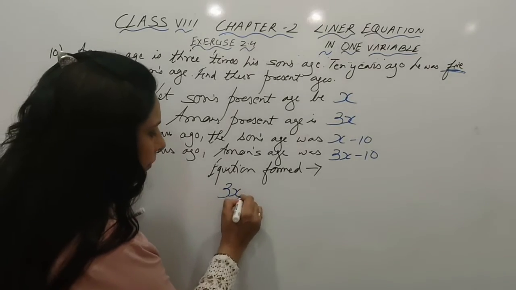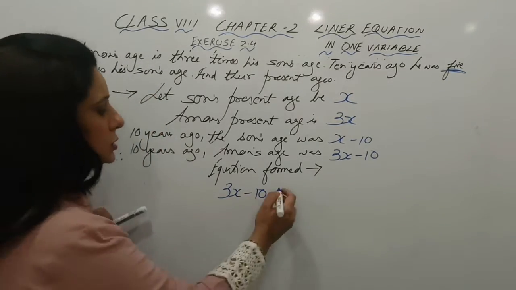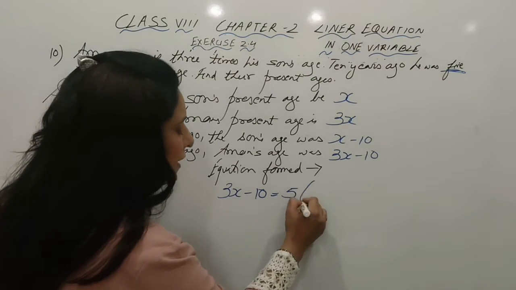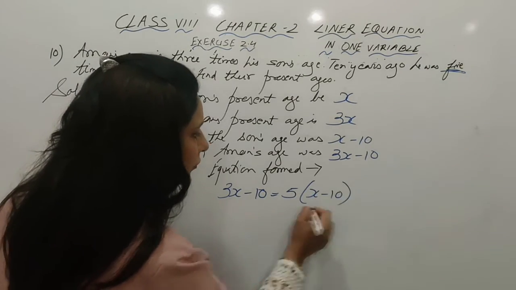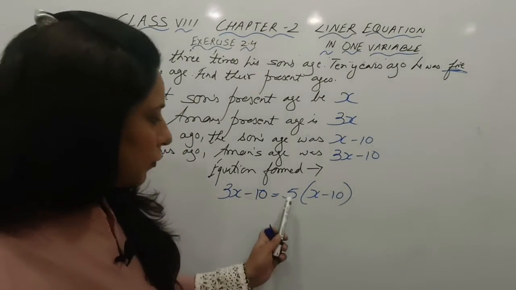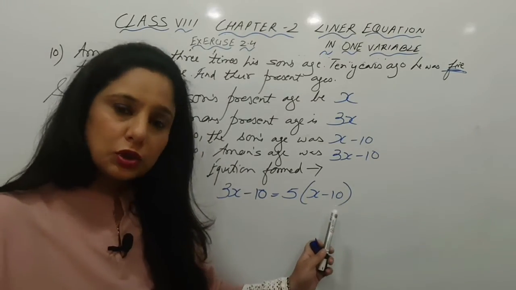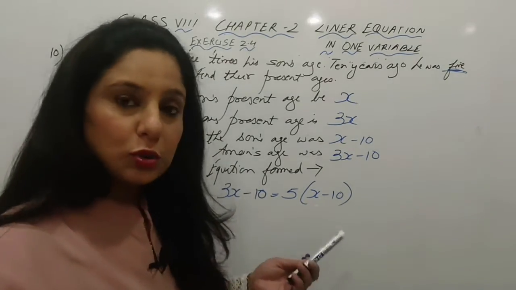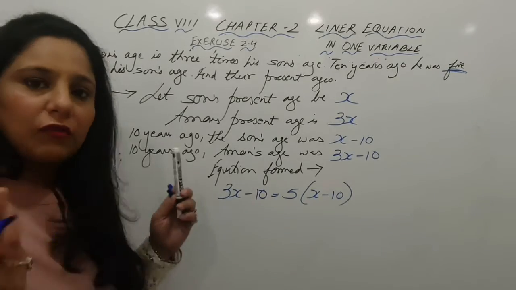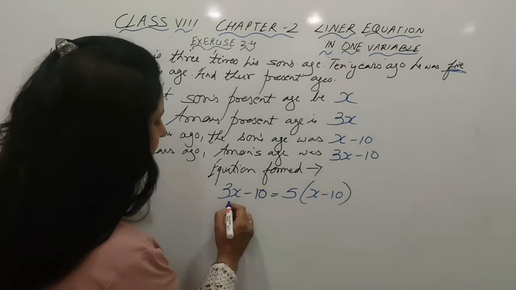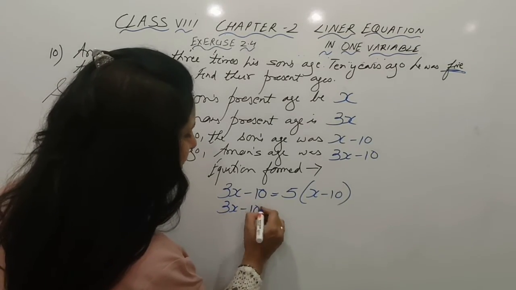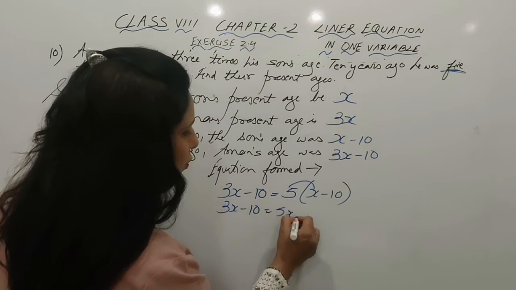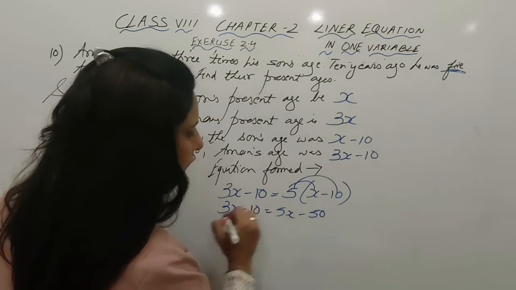That Aman before 10 years was 5 times of his son's age. वो 5 times था जो son की age उस वक्त 10 years पहले थी. So we have got the equation. Let's start solving. 3x minus 10 is equal to 5 into x minus 50.